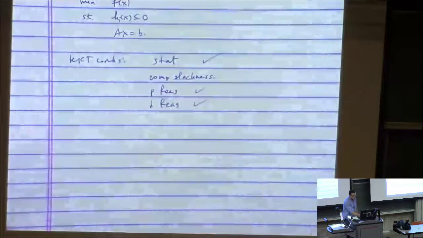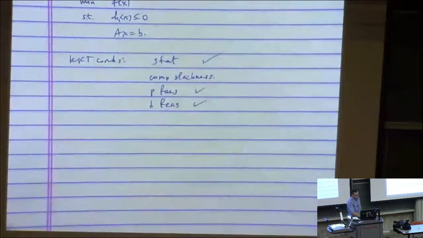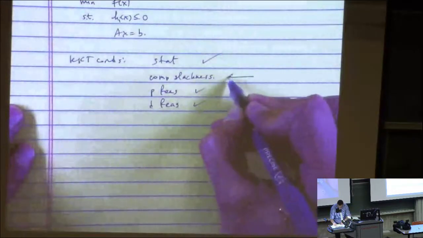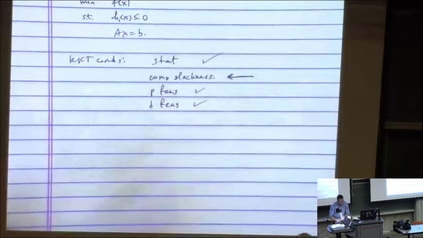Stationarity, primal feasibility, dual feasibility. Complementary slackness is the one offender here.